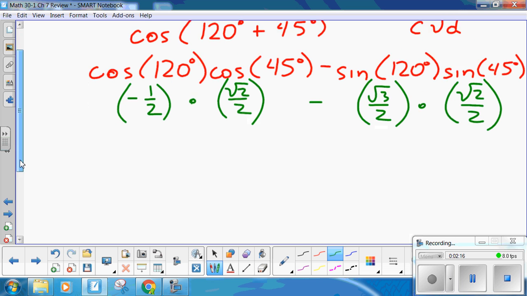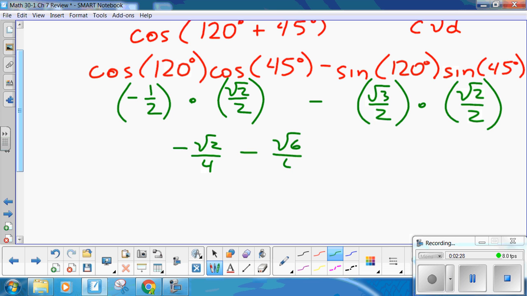So what do you get? This is minus root 2 over 4 minus root 6 over 4, which becomes minus root 2 minus root 6 over 4. Now, you're going, what the heck?